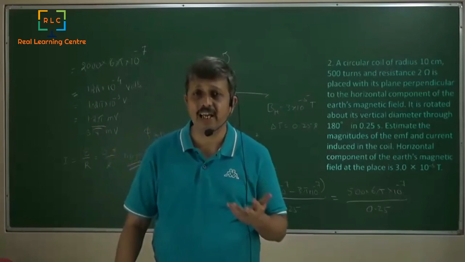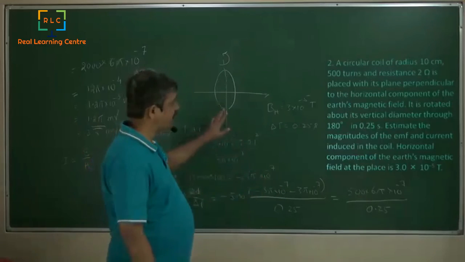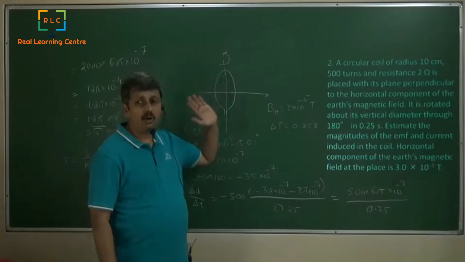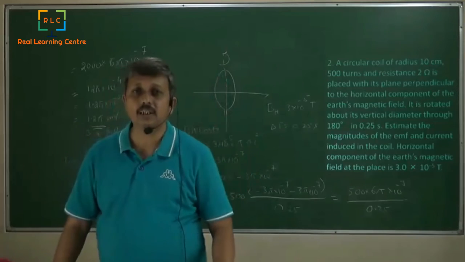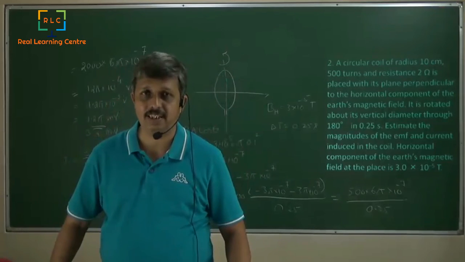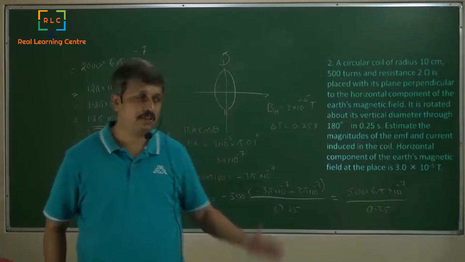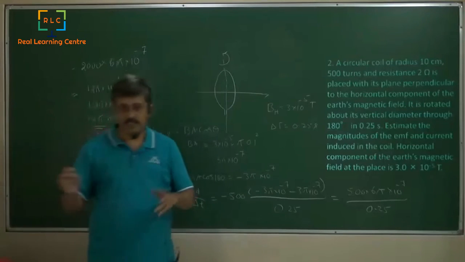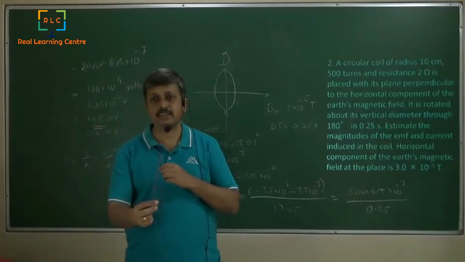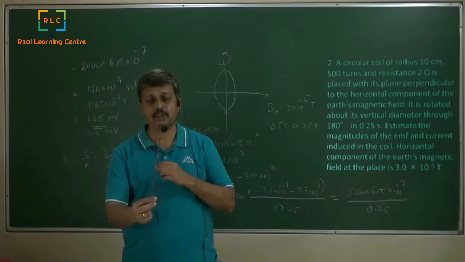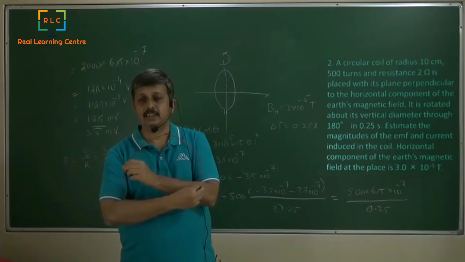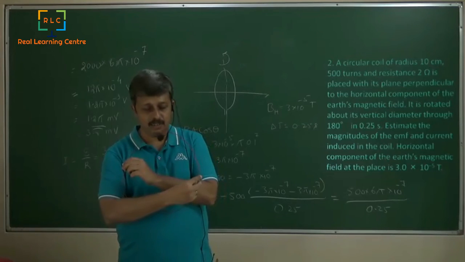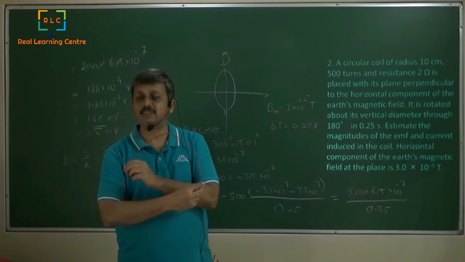The reason it is not very accurate is because when it is turning, it is not always changing equally. It is not a linear change. When it is turning around like this, going from this kind of path to like this, in between when you come here, it is not cutting the flux at all.